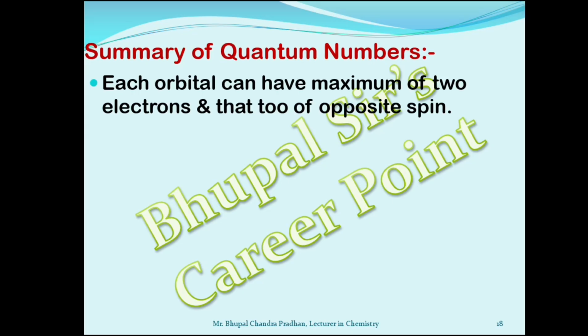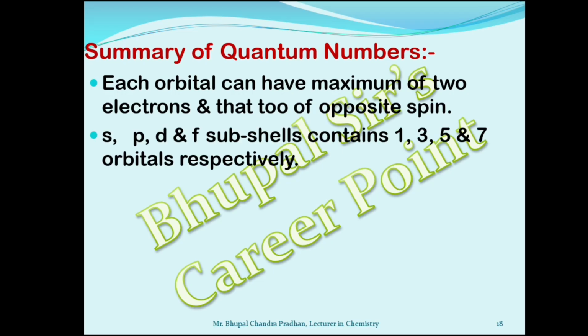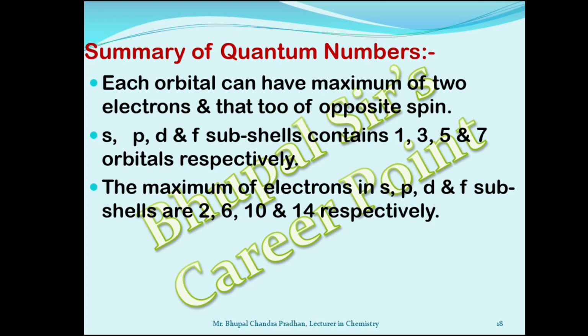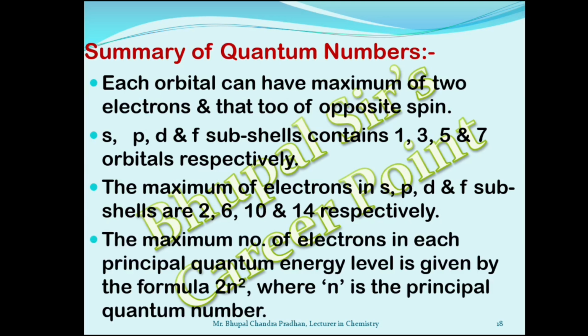Summary of quantum numbers. Each orbital can have maximum 2 electrons and that of two opposite spin. S, p, d, f subcells contain 1, 3, 5, 7 orbitals respectively. The maximum number of electrons in s, p, d and f subcells are 2, 6, 10 and 14 respectively.